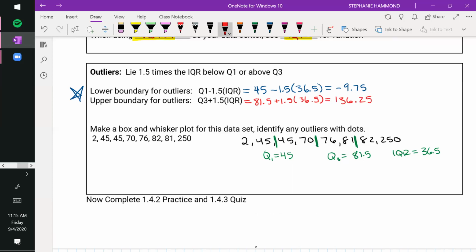So that means that any outliers on the upper half of my data set are going to be greater than 136.25. And looking at my upper half, I do have one number that is greater than 136.25. So 250 is an outlier.